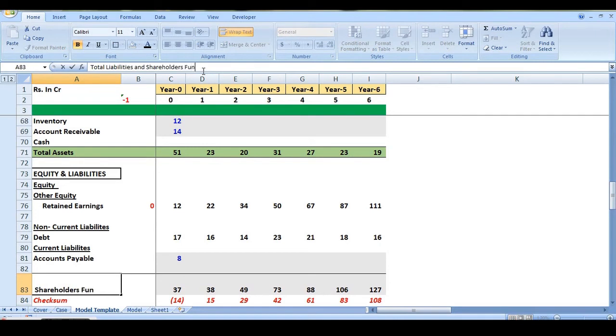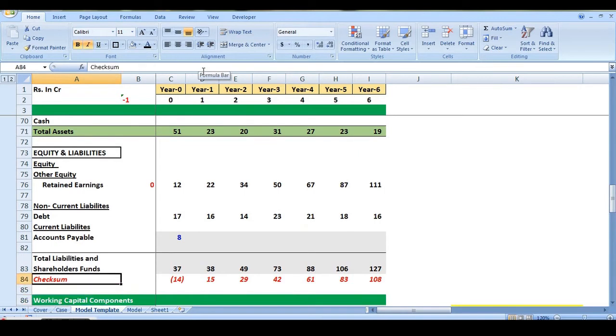Next to that, please prepare a checksum. Checksum is simply the difference between the total liabilities and total assets. This checksum helps you find out whether your balance sheet is tallying at the end or not.